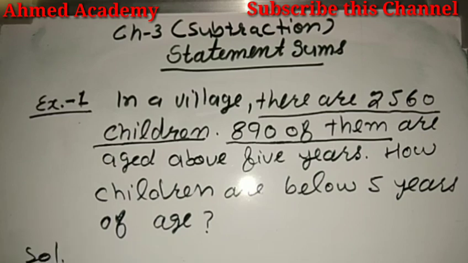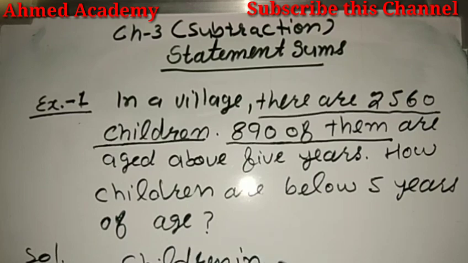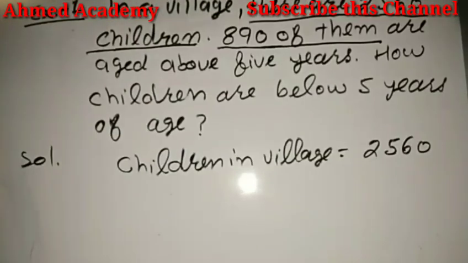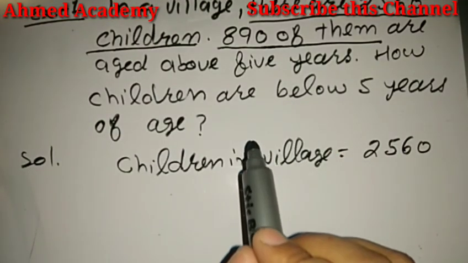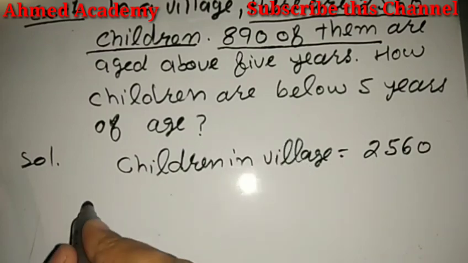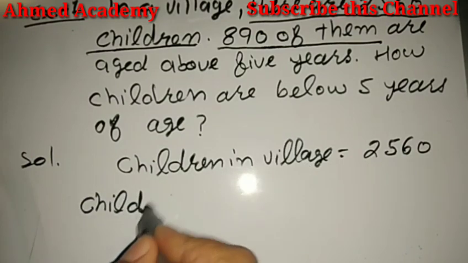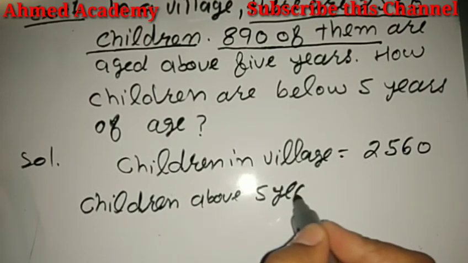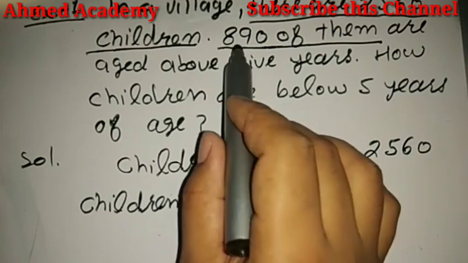So, solution. First of all, we have to write the total number of children. Children in the village is equal to 2,560. Now children above 5 years. So how many children are there above 5 years? 890.